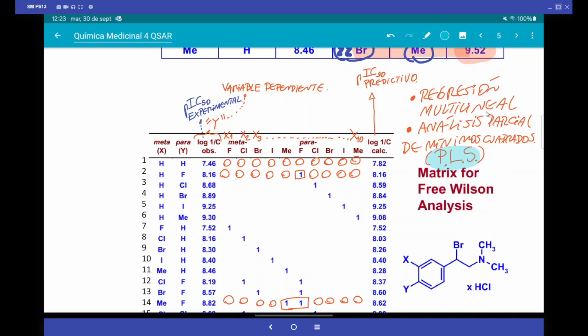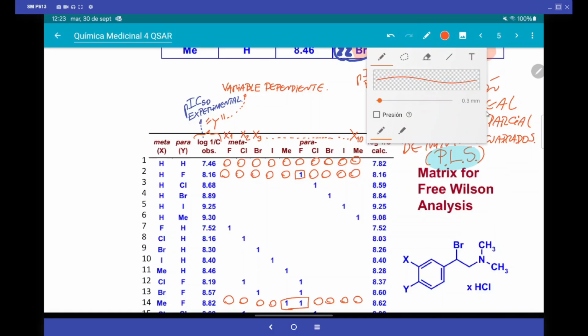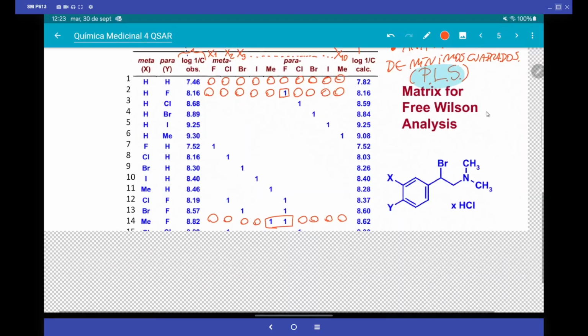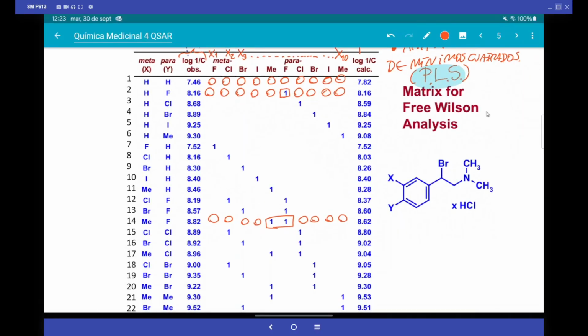There's little time left, but let's close this main idea here of the table formulated. Remember that this column was made at the end with the equation obtained, the biological activity value predicted.